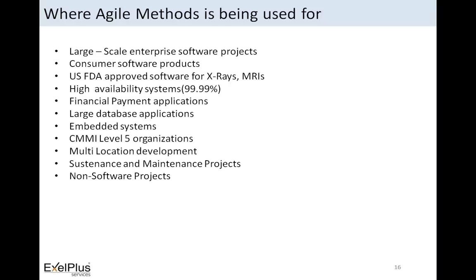If we look at where Agile methods are currently being used, Agile methods are used for large-scale enterprise software projects, consumer software products, and even FDA kind of software development where the systems are highly available, like 99.9%, let's say airline reservation systems, banking applications, financial payment applications, log database applications, embedded systems, even high maturity organizations like CMMI level 5 organizations, and where work is located at different locations, and sustenance projects, maintenance projects.